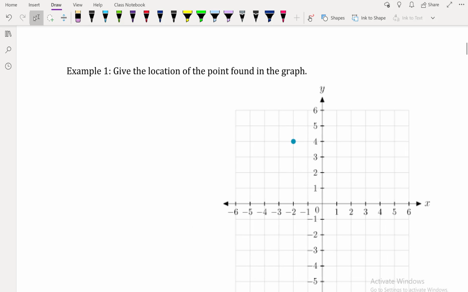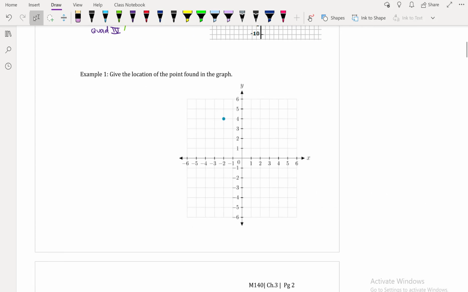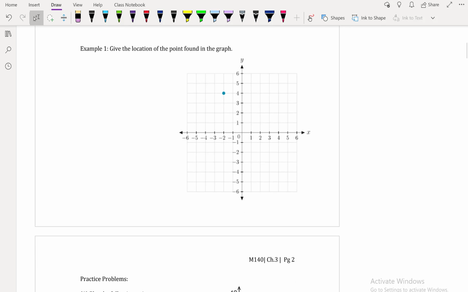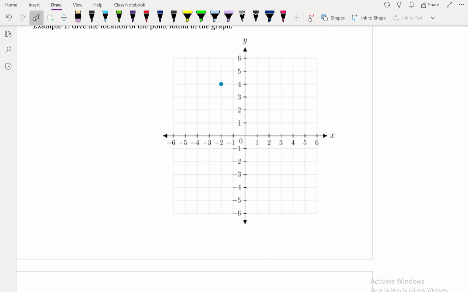So now, for example number 1, it says, give the location of the point found in the graph. Well, we know that on this axis is x. On the x-axis, I'm here at -2. And on my y-axis, that's going up and down, here is going to be my y value.